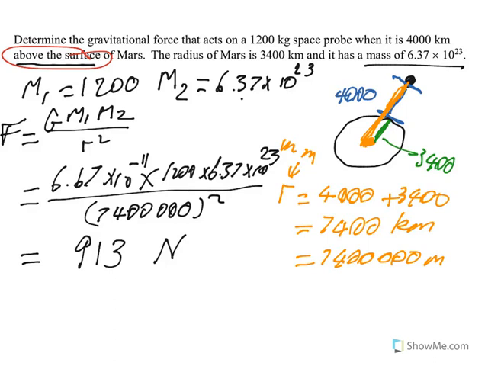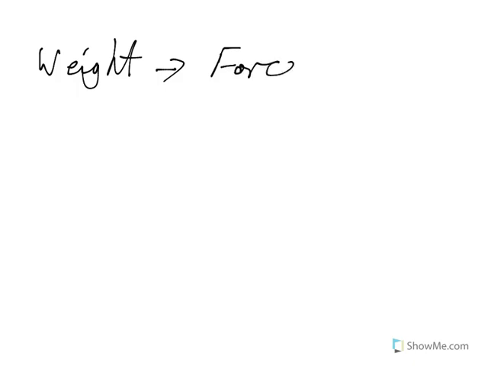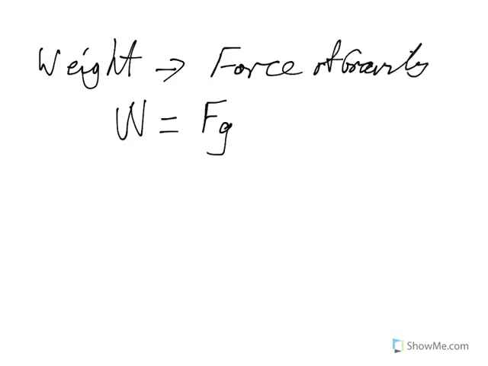Alright, so now we know that there's a force. That brings us to what we understand as weight. So in physics, of course, weight is a force. Everyday language is different, but weight is a force, and it's not just any old force. It's the force of gravity, which is mg.